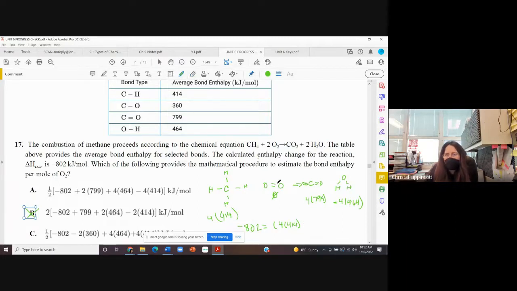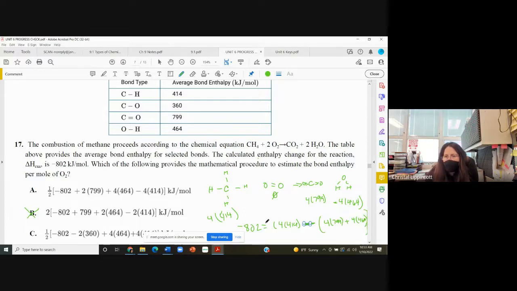They brought it all over to one side. Minus, and then these are all going to be together. 4 times 799 plus 4 times 464. And that's all together.